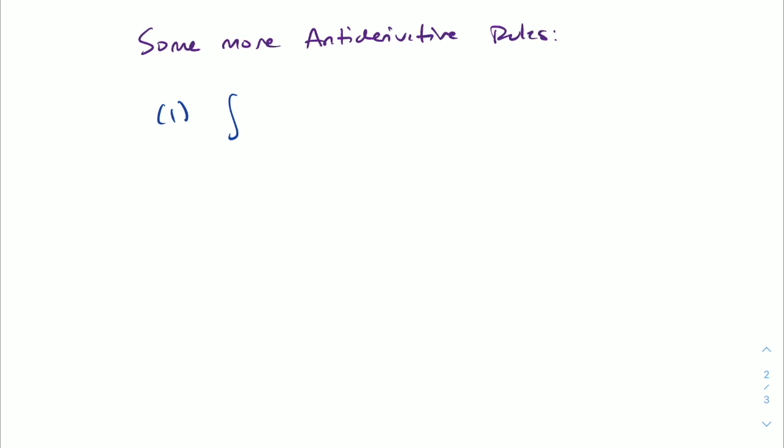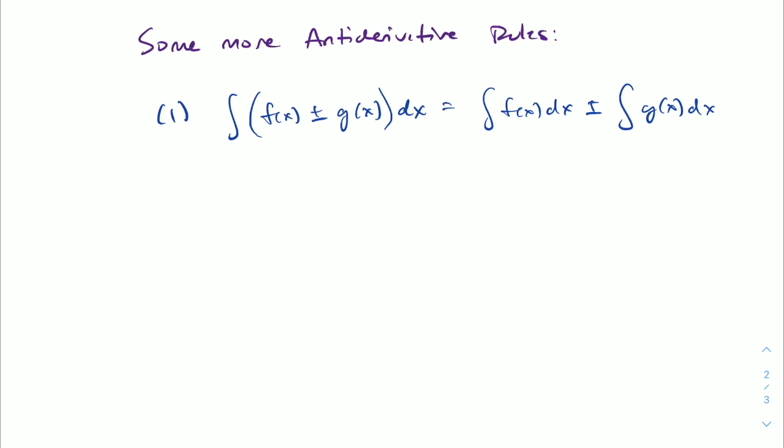It says the integral, or the antiderivative, of f of x plus or minus g of x is the antiderivative of f of x plus or minus the antiderivative of g of x. And then the second rule says if you take the antiderivative of c times a function, c times f of x, that's the same as c times the antiderivative of f of x.